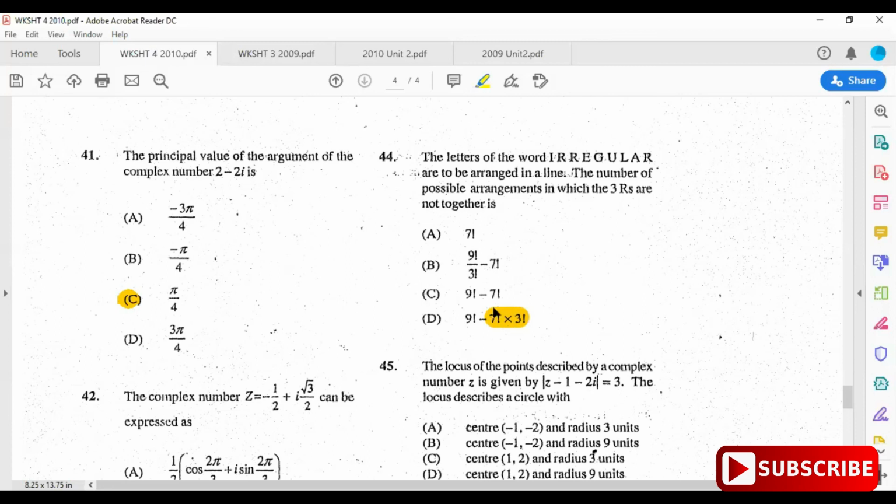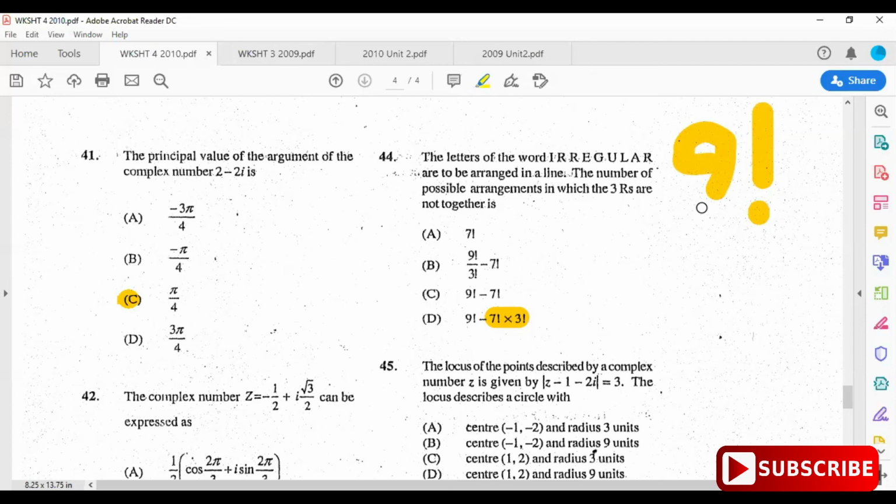So if this is the number of ways they'd be together, then the total number of ways to arrange irregular, minus that, gives the answer. There are 9 letters, right? Yes, there are 9 letters. So the total number of arrangements for irregular is 9 factorial. That's the total.